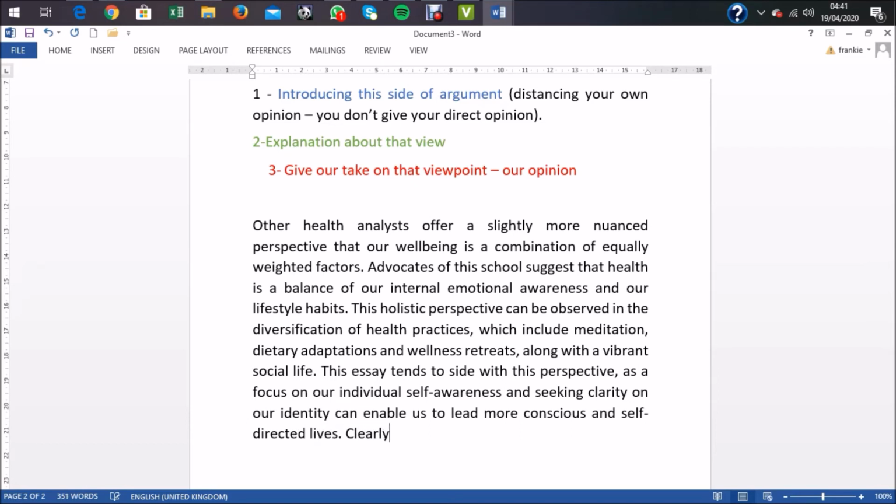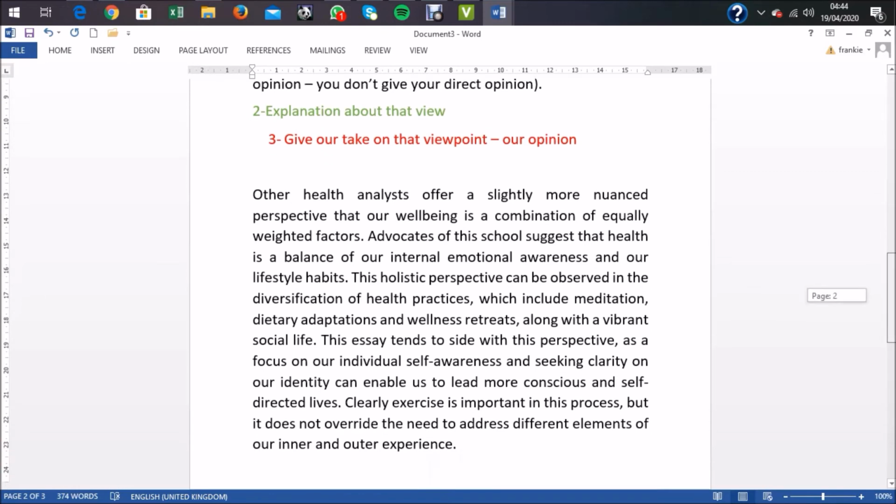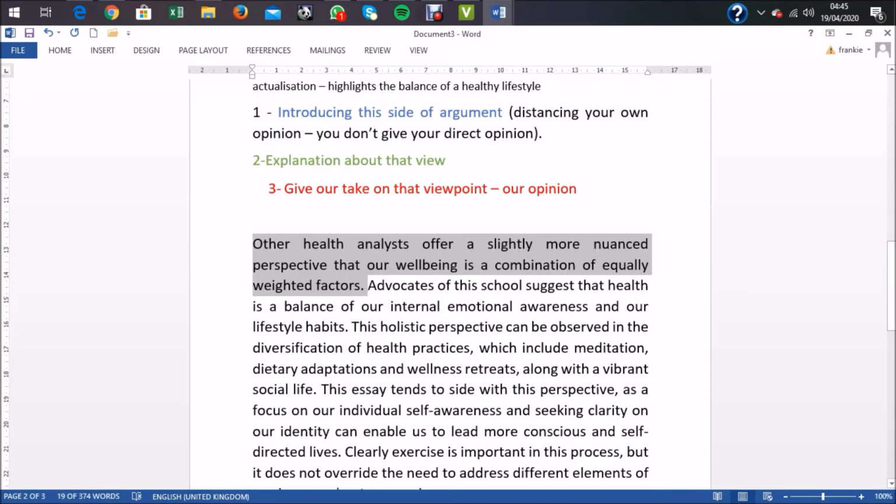Clearly, exercise is important in this process, but it does not override the need to address different elements of our inner and outer experience.